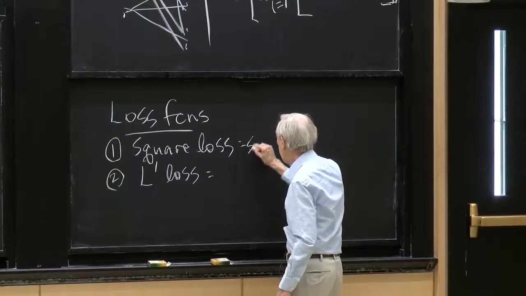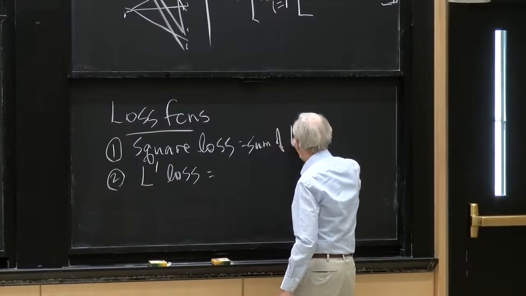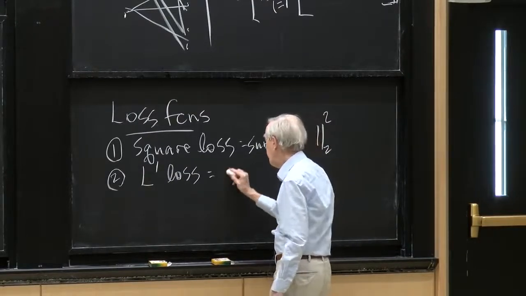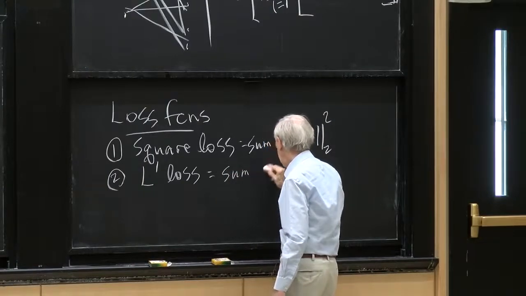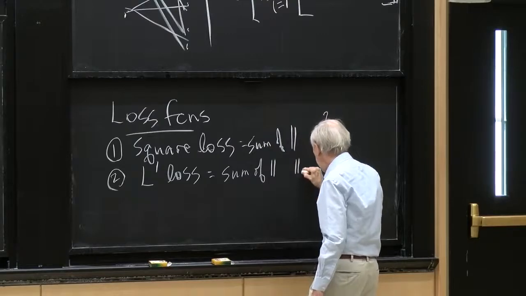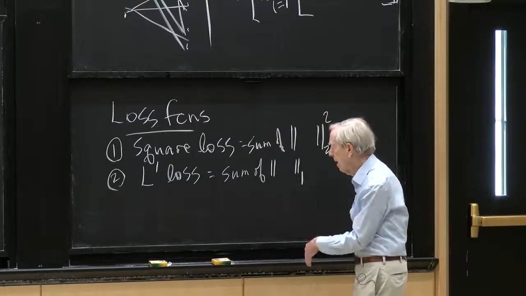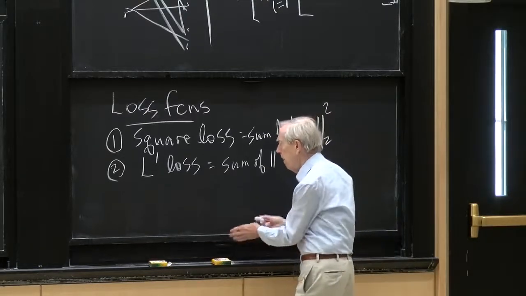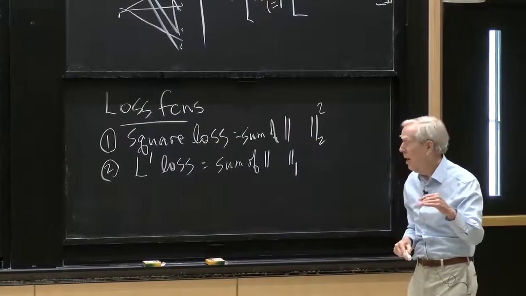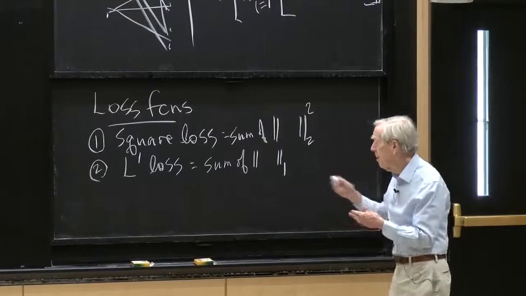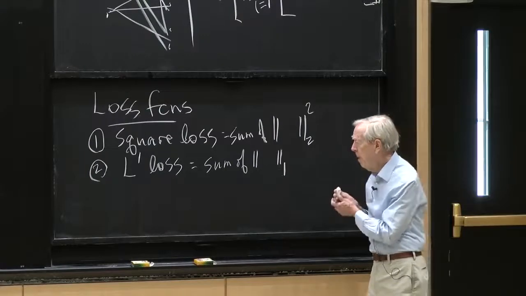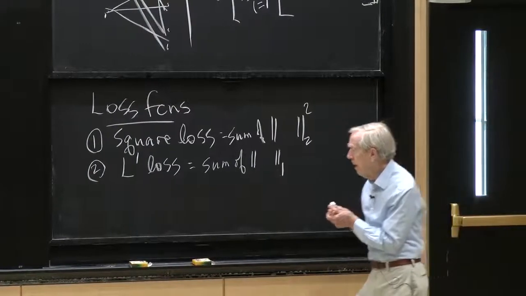This is the sum of these errors squared in the L2 norm. The L1 loss could be the sum over i of the L1 losses. But this comes into specific other problems like lasso and other important problems. You're minimizing an L1 norm, but not in deep learning.